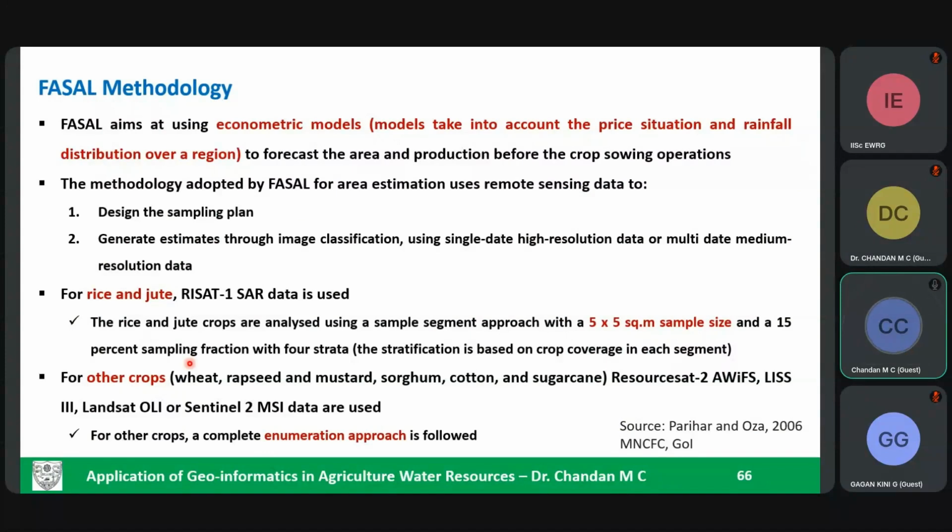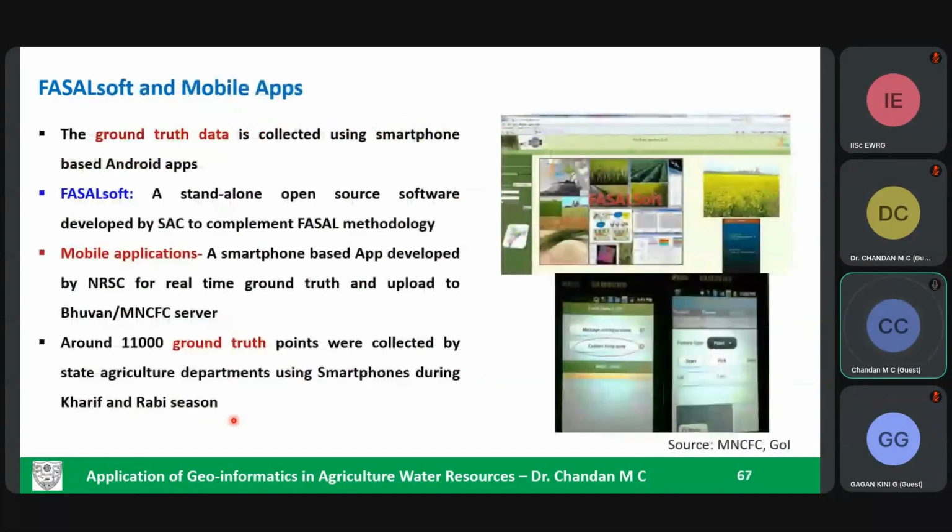And if you take other crops, Landsat and Sentinel-2 data can be used under the FASAL scheme. FASAL is not a scheme where you are sitting in some AC room and analyzing; they have also integrated it so well that the ground truth data can be collected by a farmer and put in the mobile application, and it can directly run in the FASALSoft application. In one of the experiments, around 11,000 ground truth points were collected to estimate the yield.